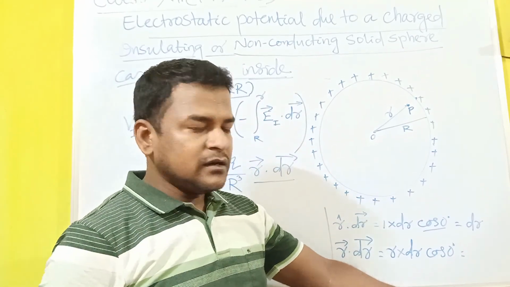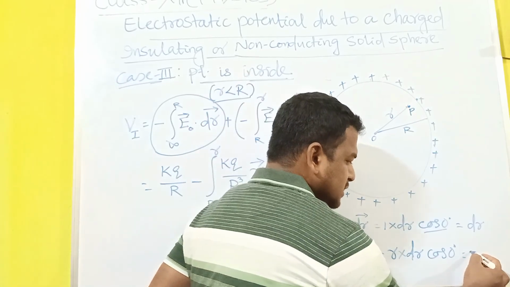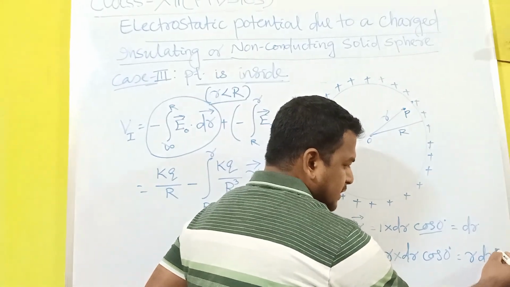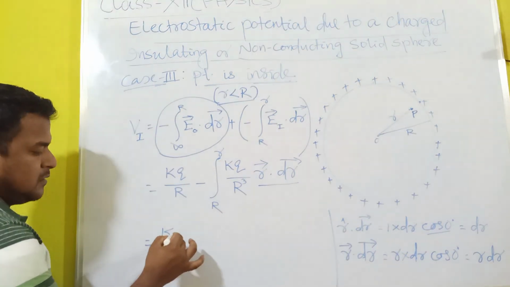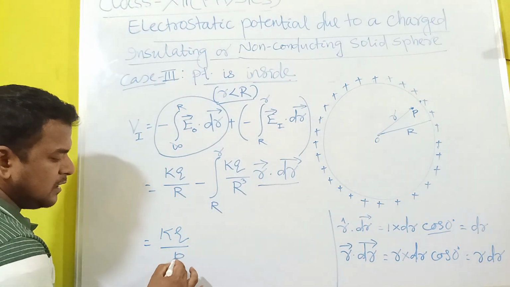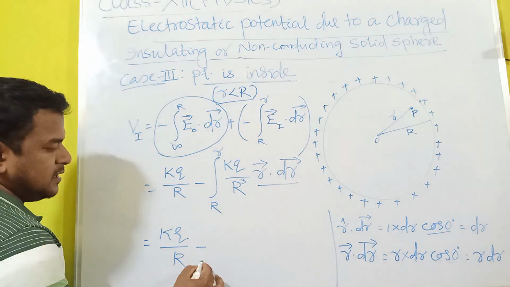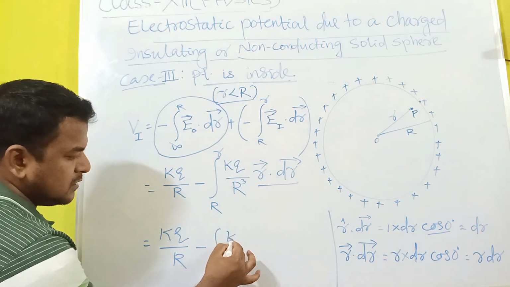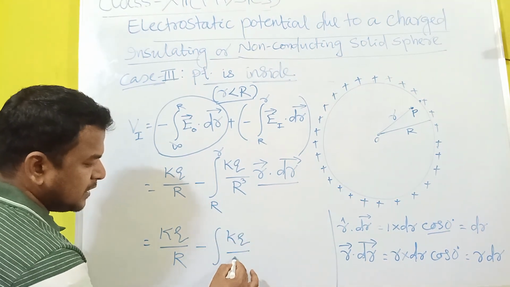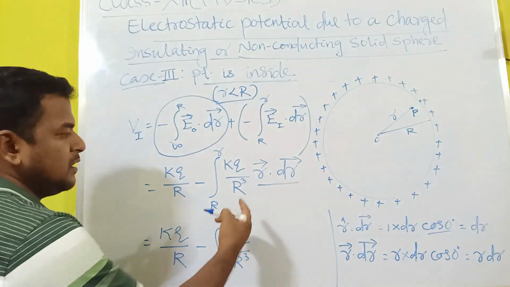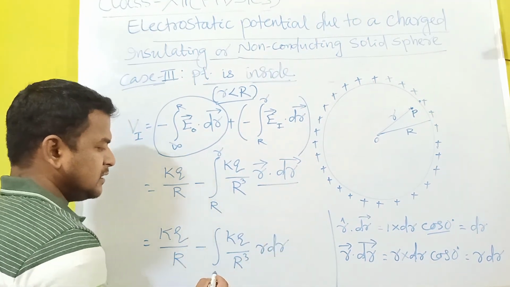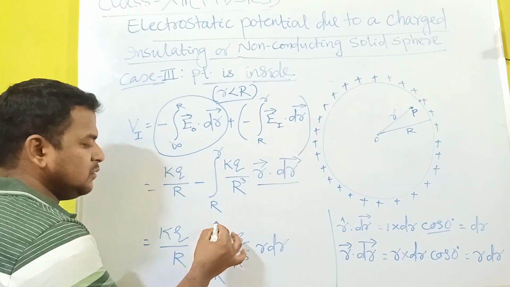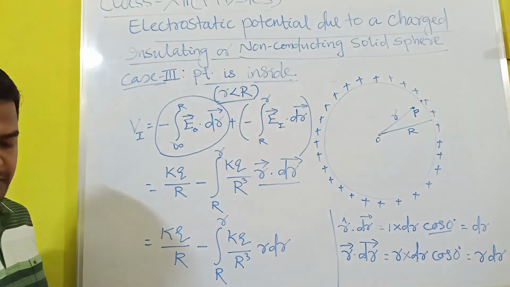Cos 0 is 1, so it will be how much? r dr. kq upon R minus kq upon R cube. Its value is r dr from capital R to small r.